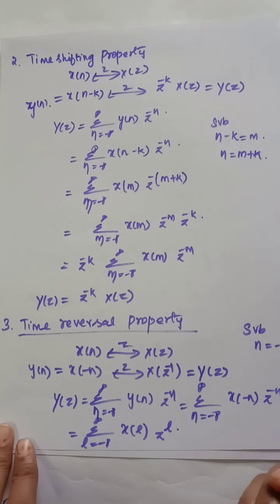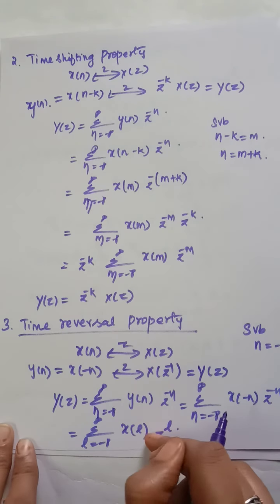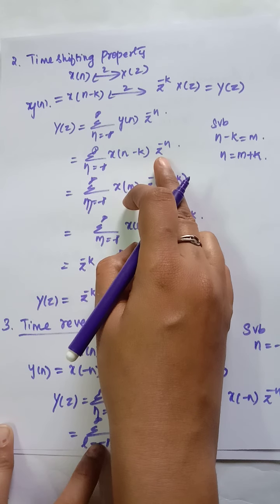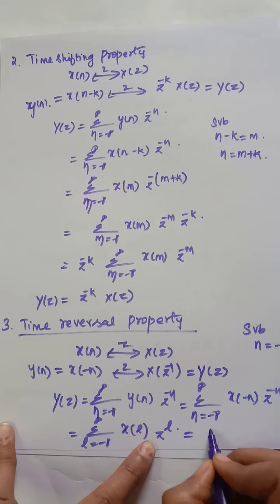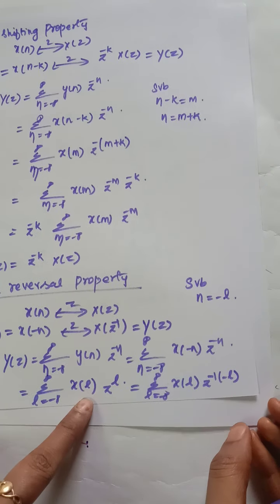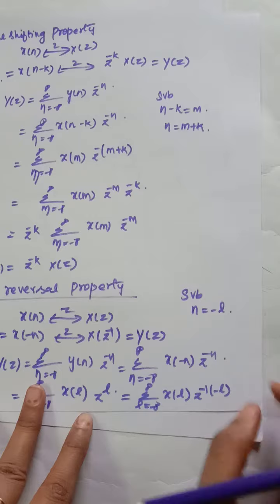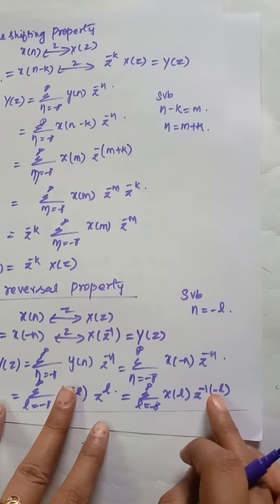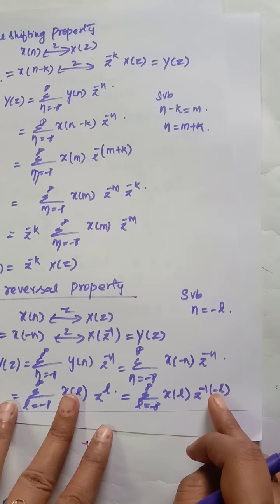Now I need to apply the formula. In order to apply the formula, what I need to get is z power minus. So I am rewriting this as the summation of l equal to minus infinity to infinity x of l, z power minus 1 into minus l, because I need this x of n. Here instead of minus n I am having minus l.